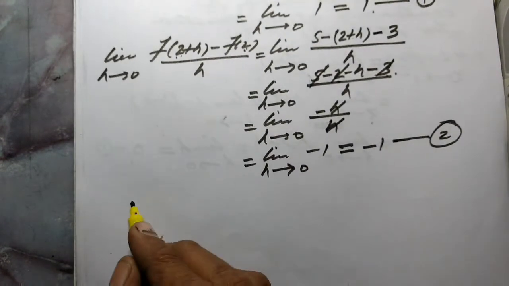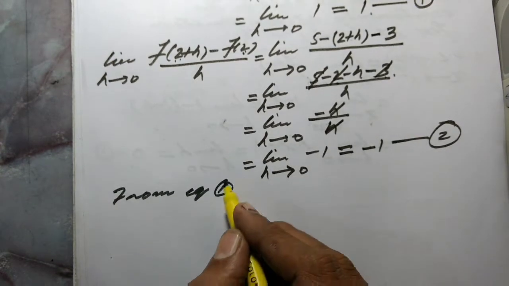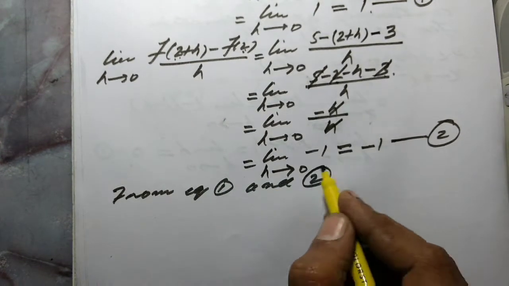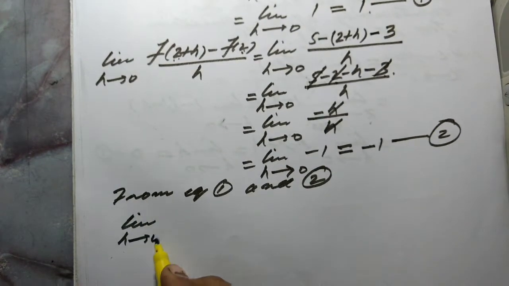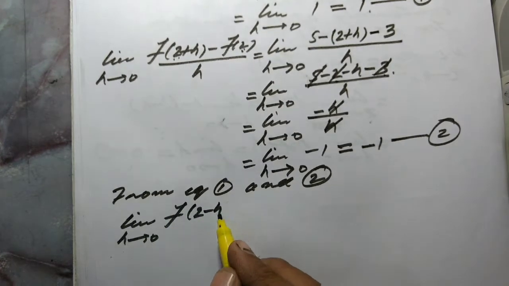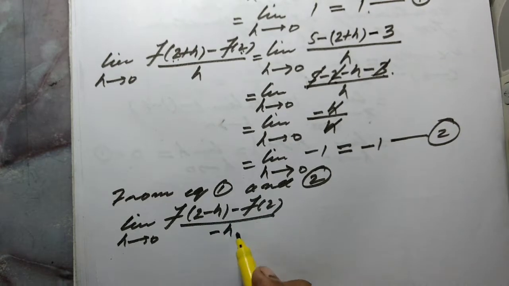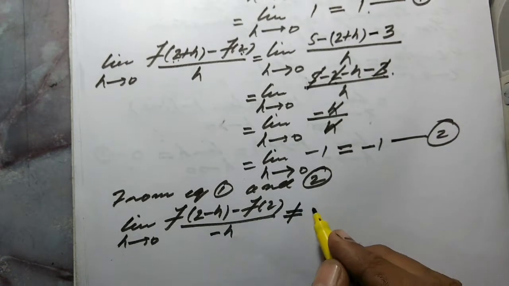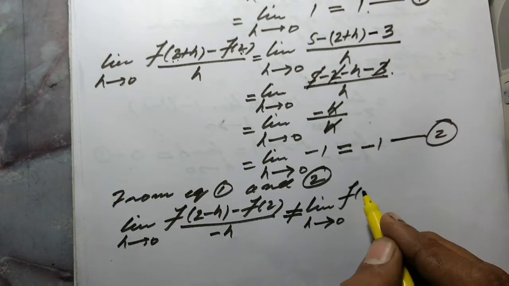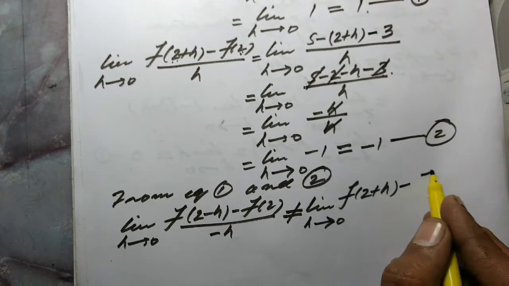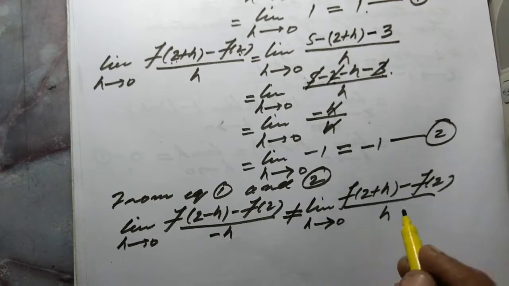So we may say that from equations 1 and 2, limit h tends to 0 of f(2 minus h) minus f(2) upon minus h, that is left hand differential, is not equal to limit h tends to 0 of f(2 plus h) minus f(2) upon h, that is right hand differential.